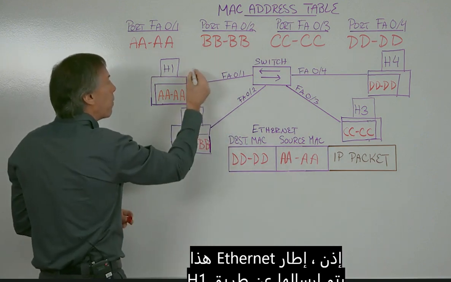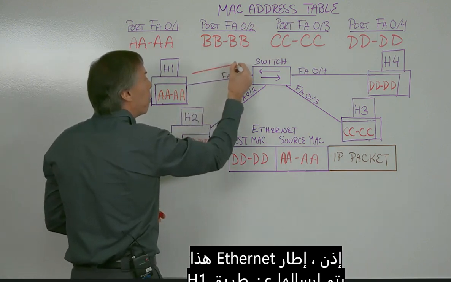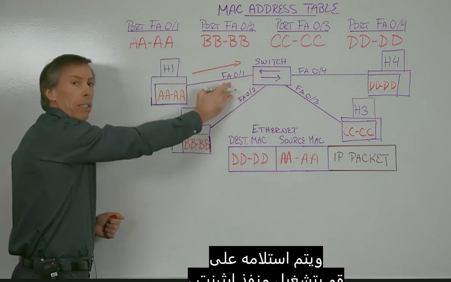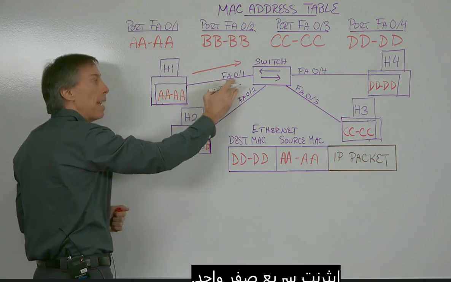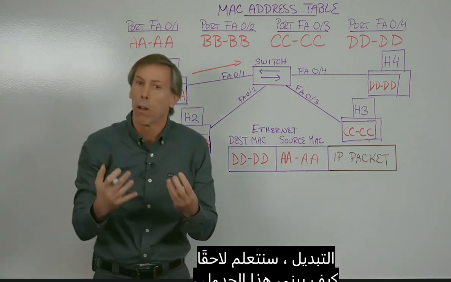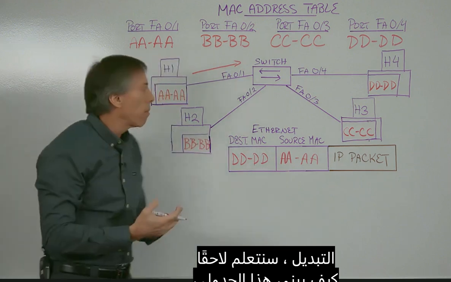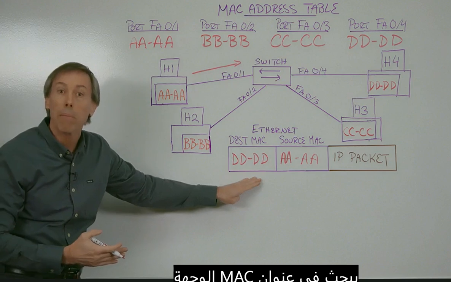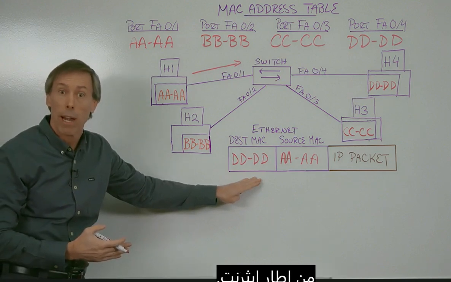So this Ethernet frame gets forwarded by H1 and is received on the switch on its Ethernet port, Fast Ethernet 01. We're going to learn later how it builds this table, but to forward the information, the switch looks at the destination MAC address of the Ethernet frame.